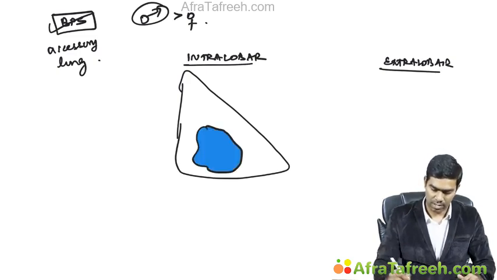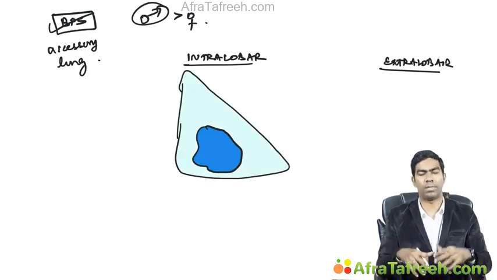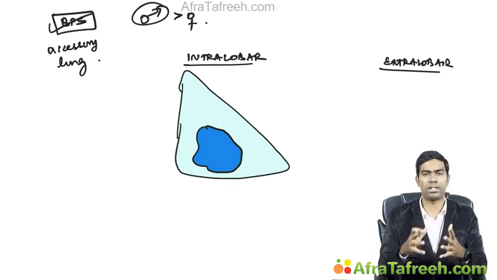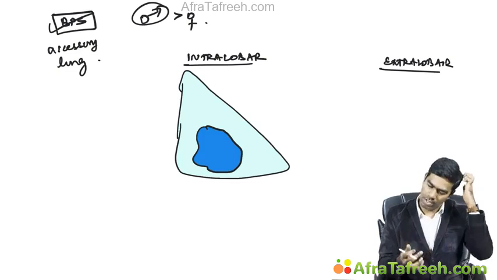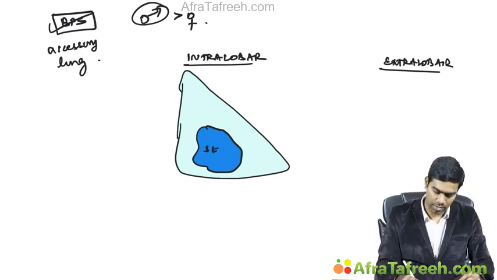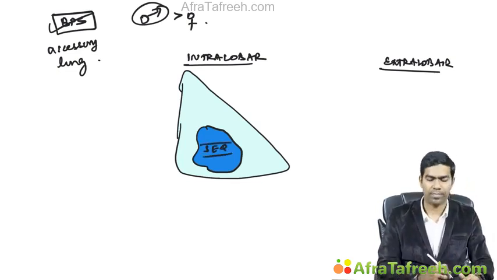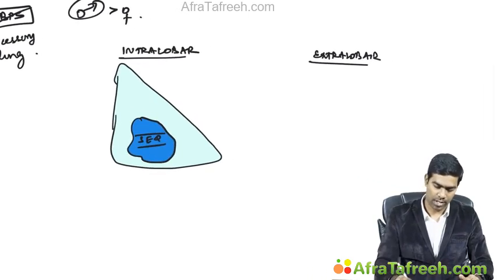Let us assume this is the sequestered portion, present within the native lung. It is the disconnected part only, but it is present within this original native lung. So this is the sequestered lung. Clear?